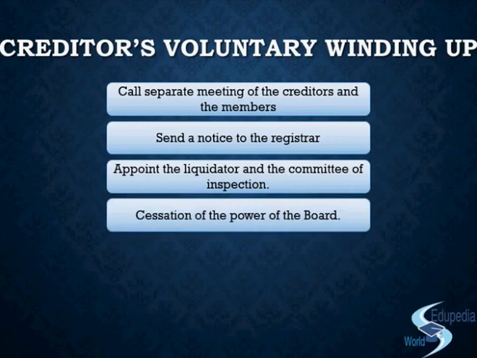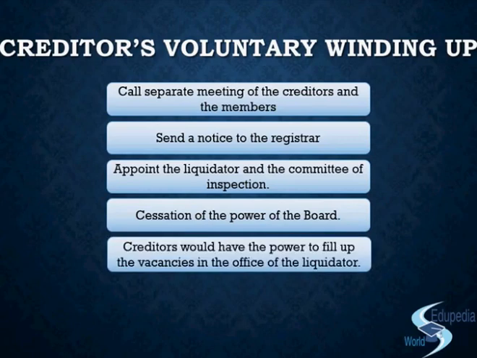Then we had the cessation of the power of the board. Yes, we already know that when the liquidator comes in to take charge of the office, the power of the board ceases. That comes to an end. Then creditors have the power to fill up the vacancies in the office of liquidator. If there is a vacancy in the office of liquidator, the committee of inspection cannot fill in the vacancy.